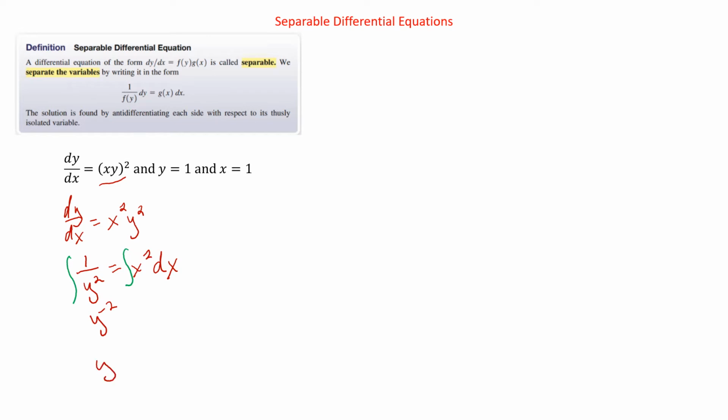So that'll be y to the negative 1, and then divide by negative 1, so that's negative y to the negative 1. So the derivative, we'd multiply by negative 1 to get positive y to the negative 2, which is what we have. Then equals 1/3 x cubed plus c. You have to have the plus c. That's where this comes in.